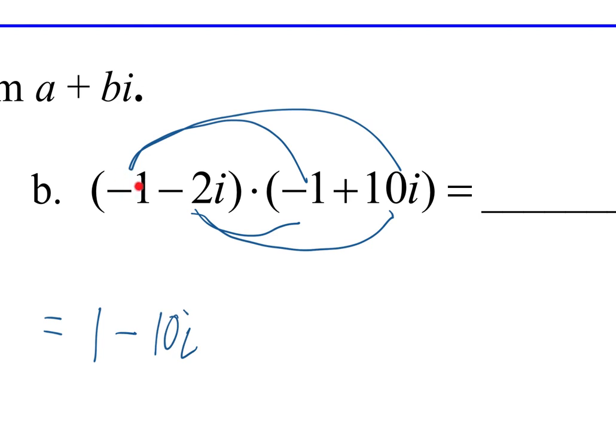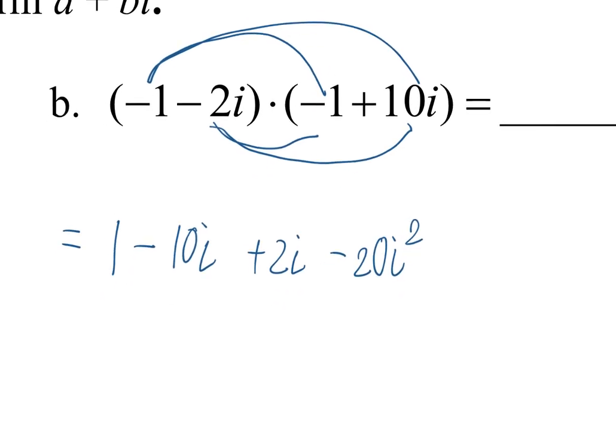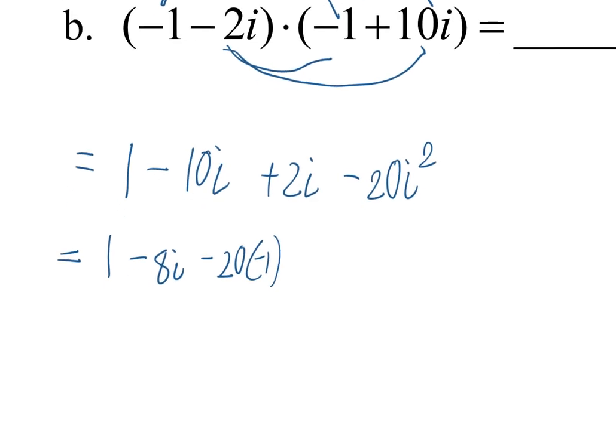So I've given negative 1 to everything. Now negative 2i times negative 1 is positive 2i. And negative 2i times positive 10i is negative 20i squared. Okay, negative 10 and positive 2 give me negative 8i. And then negative 20 times negative 1, because i squared is equal to negative 1, that's like saying positive 20. So our answer is 21 minus 8i.